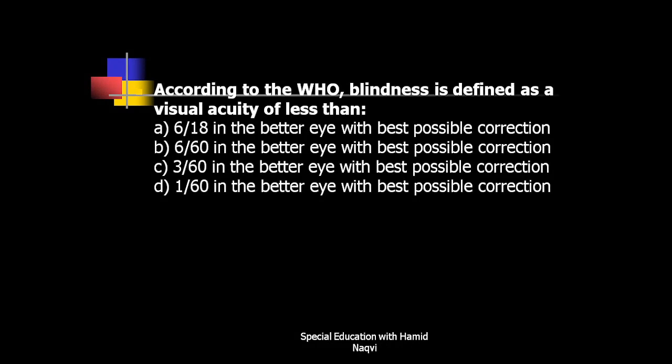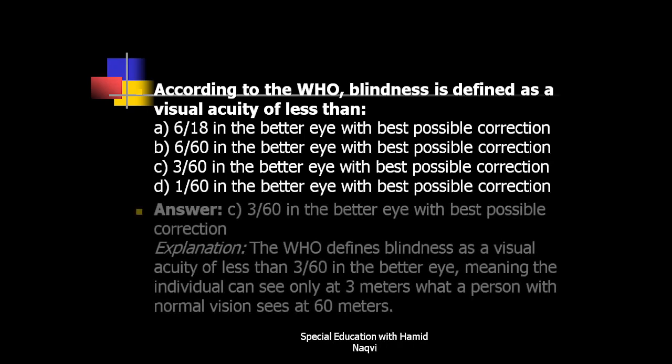According to WHO, blindness is defined as visual acuity of less than 6 by 18 in better eye, 6 by 60 in better eye, or 3 by 60 in better eye, or 1 by 60 in better eye with best possible correction.